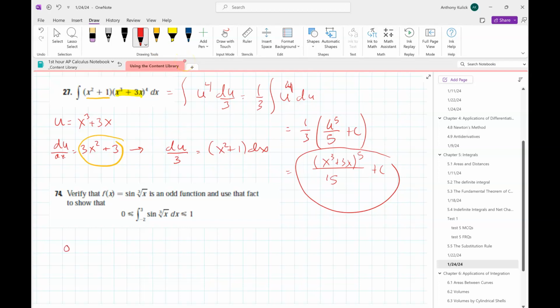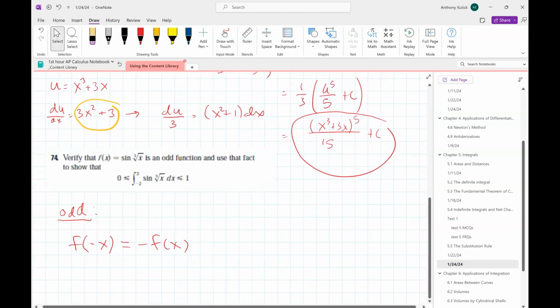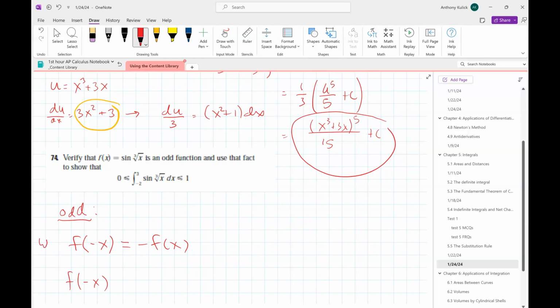So let's do the odd part first. To show odd, we need to show that f of negative x is equal to negative f of x, right? Okay. That's what we need to show.